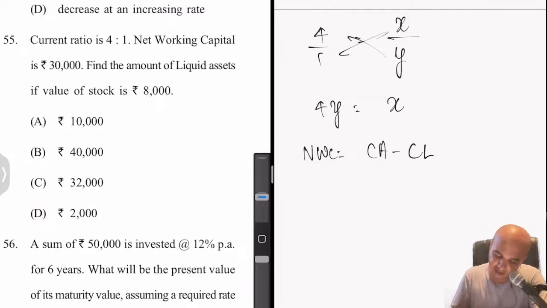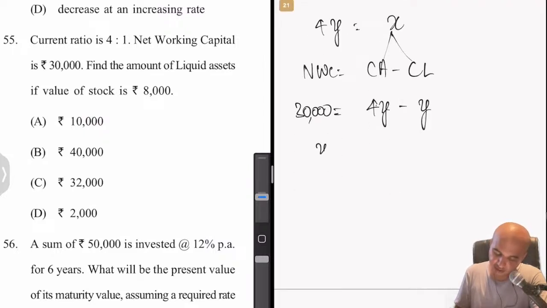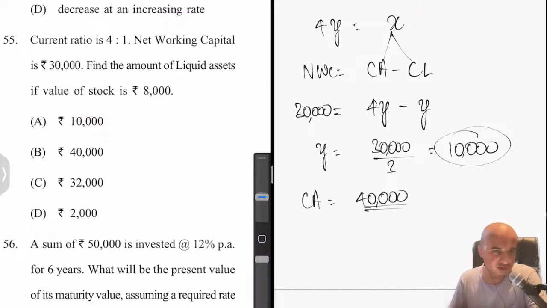So current assets is 4y minus y will be net working capital of 30,000. Solving for y, it will be 30,000 divided by 3, or 10,000. If current liabilities is 10,000, then current assets would be 40,000. I hope this makes sense.